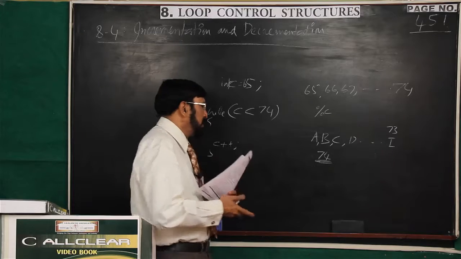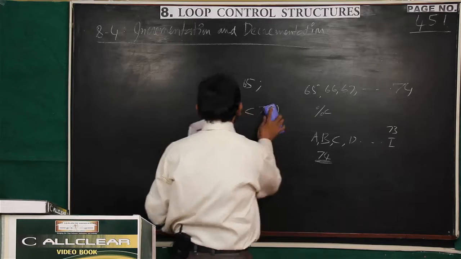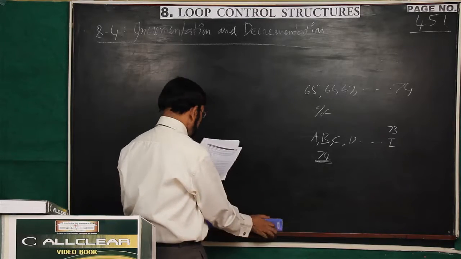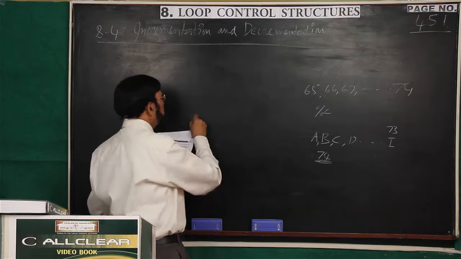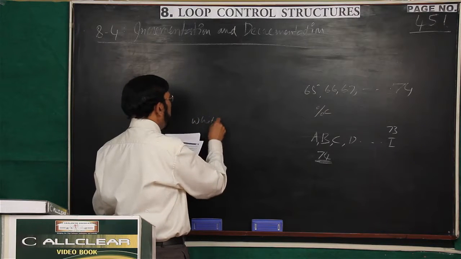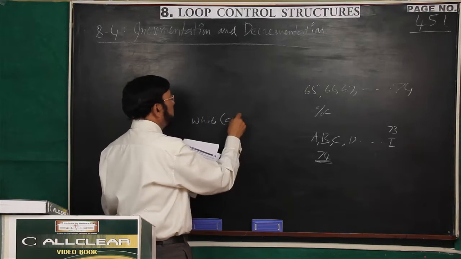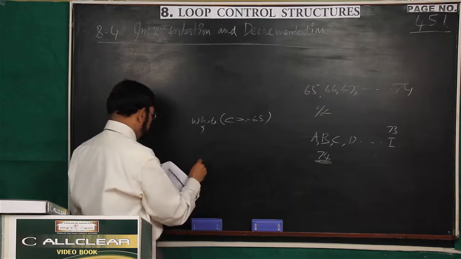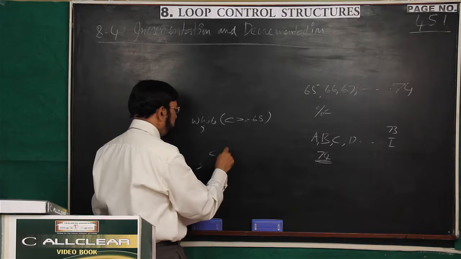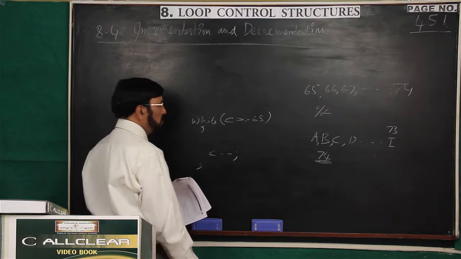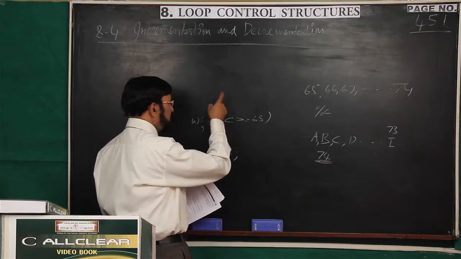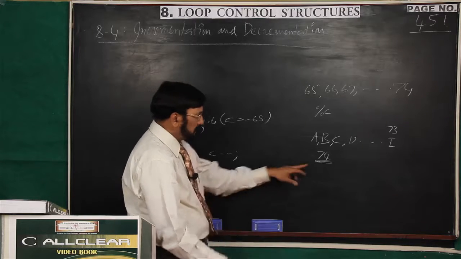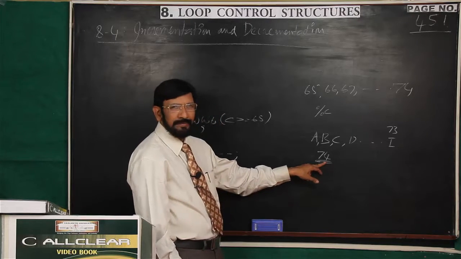And next, we are writing one more loop with decrementation. What are you writing? While c is greater than or equal to 65, here c-- you are writing. What do you mean by that? There is no initialization because initialization was already made.